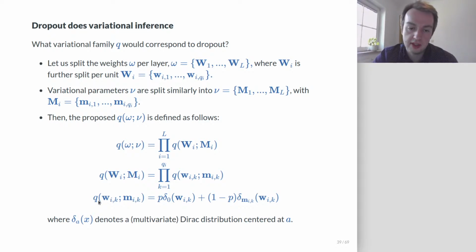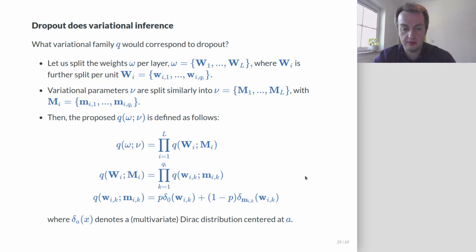Then we'll say that the Q of Wik are defined as a mixture of two multivariate Dirac distributions, one centered at 0 and one centered at Mik. This mixture has as weights, as coefficients, p and 1 minus p.